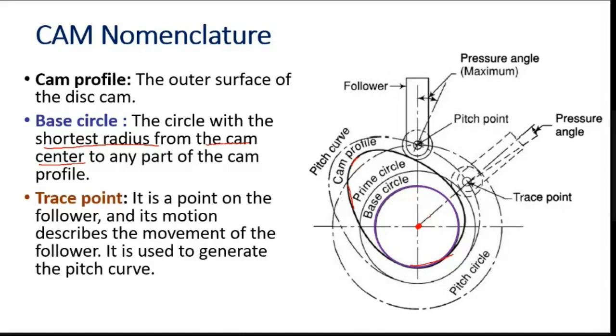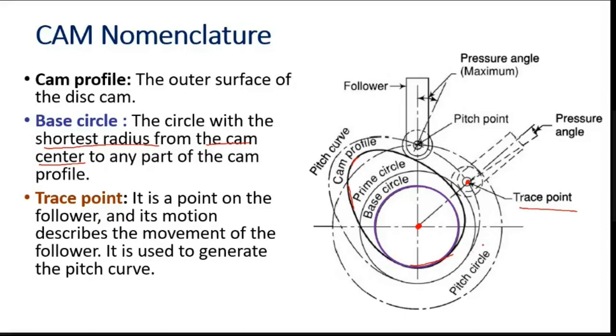The next is the trace point. The trace point is the point on the follower, and it describes the motion of the follower. For example, this is my point on a roller follower. If I trace this point, it travels along this path, and that point is called the trace point.